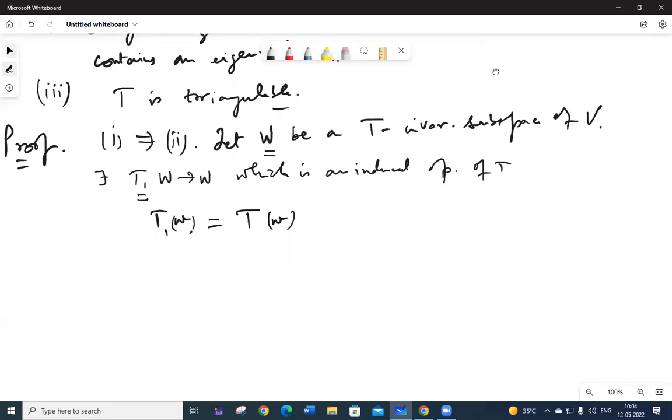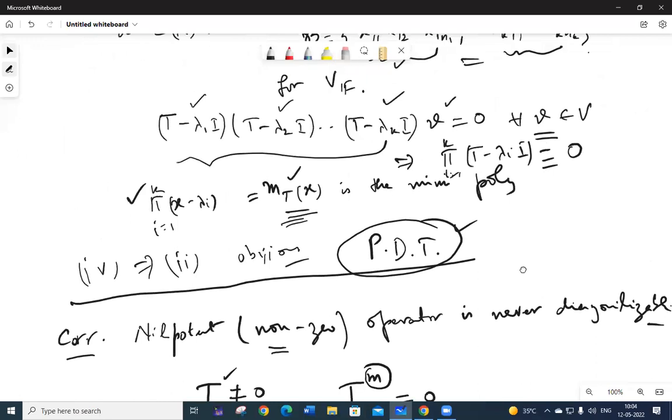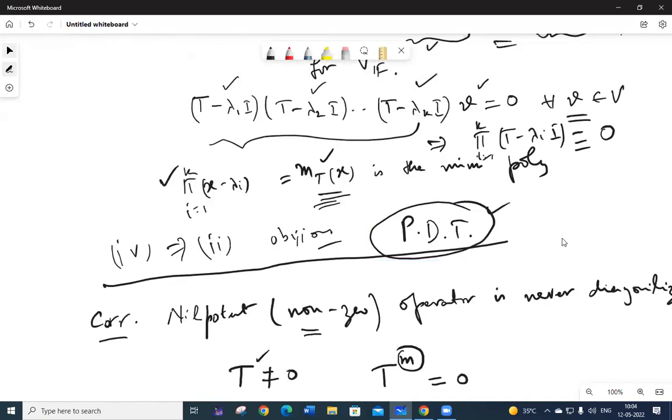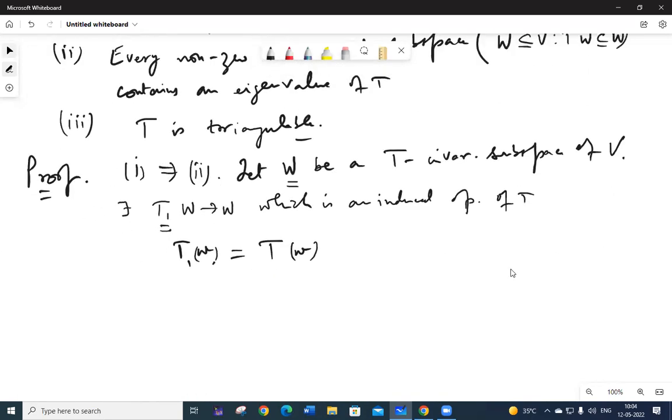Since I showed you somewhere, if this is a T-invariant subspace, then the matrix of T with respect to a certain basis would be of the kind [T1 under the basis B1, where B1 is a basis of W; then T-cap under B2, 0, 0].